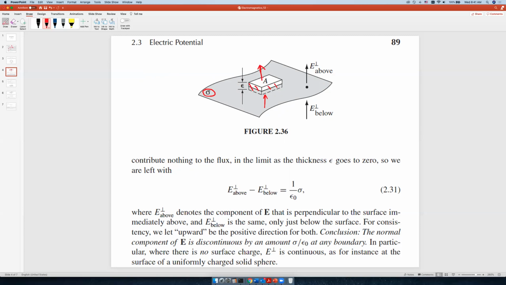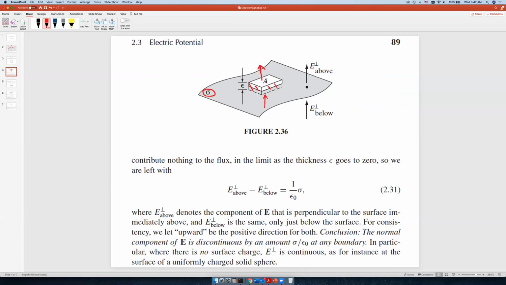If it's going up at the top, it's positive, and if it's going down, it depends on the sign of your charge. Is it positive charge or negative charge? But we can define going up to be the positive direction of E, and at the bottom going up is also the positive direction of E.